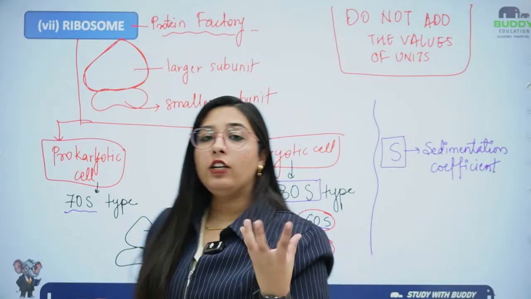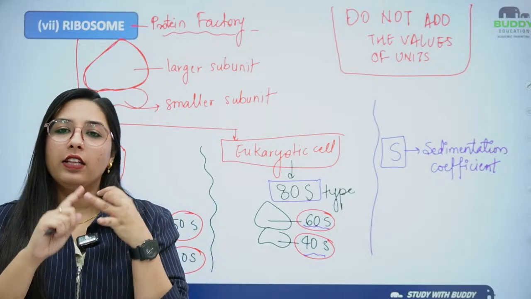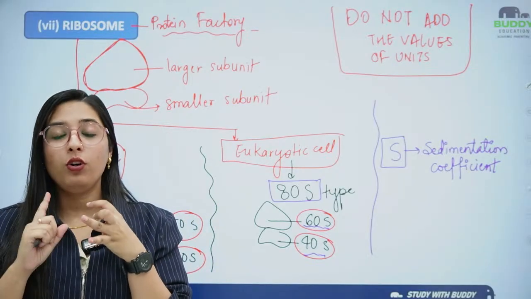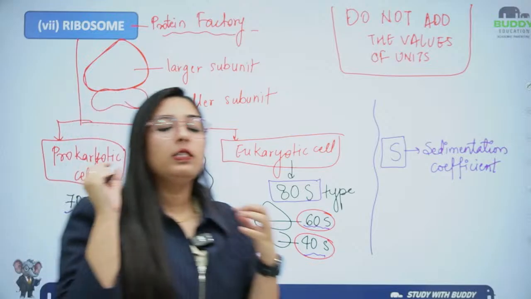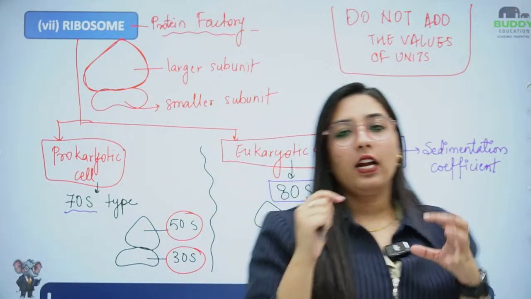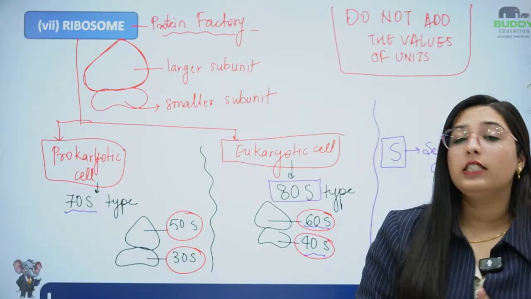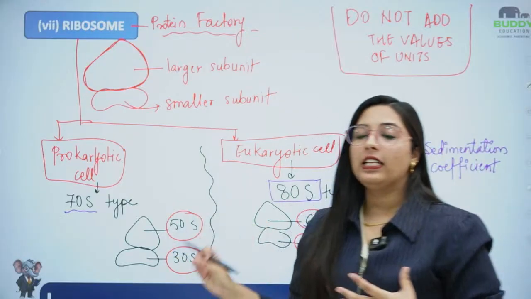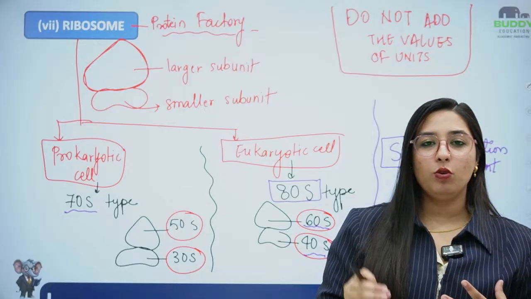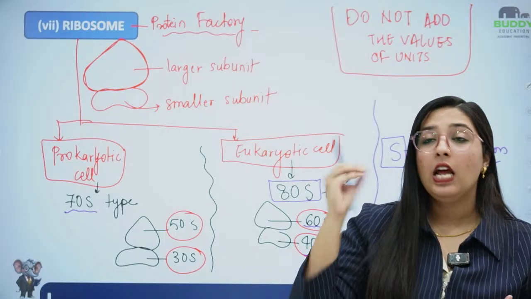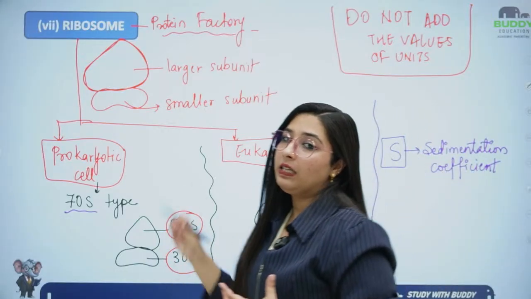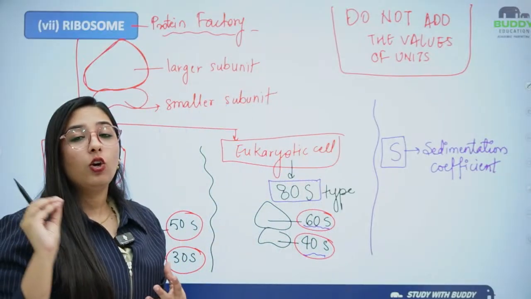Now, when I told you about mitochondria and chloroplast, they have their own ribosomes. As they are part of the cell, included as cell organelles, the 70S type of ribosome is not only present in the prokaryotic cell, it is also present in mitochondria and chloroplast.